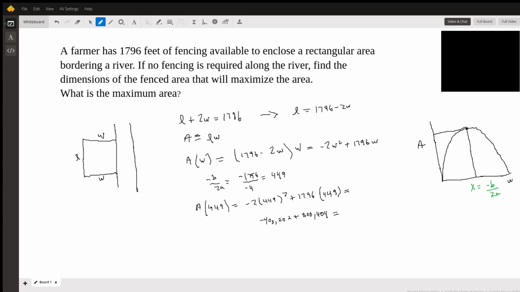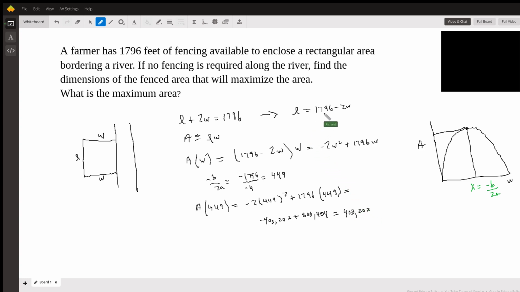So we do that subtraction, and I get 403,202. So that's the area of the enclosure, and it's equal to 403,202 square feet.